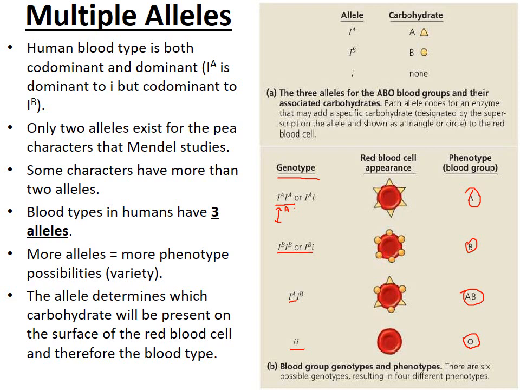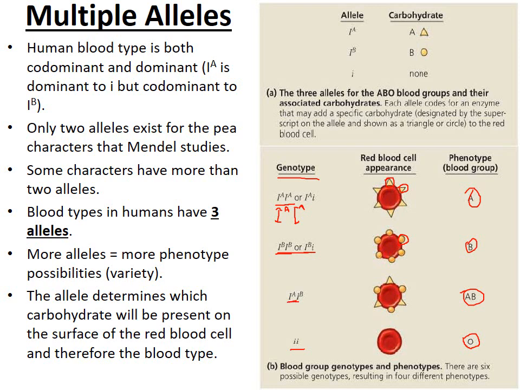If you have IAIA, like this, or IA little i, your blood cells will have this little carbohydrate on it, and that triangle carbohydrate is what makes your blood type A. Now if you have IB, or IB little i, your red blood cell is going to have this little circle carbohydrate on it, and that's going to be a type B blood cell.